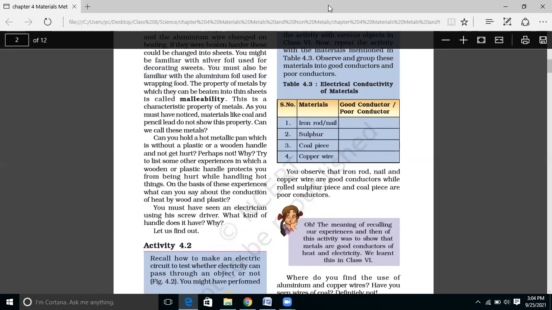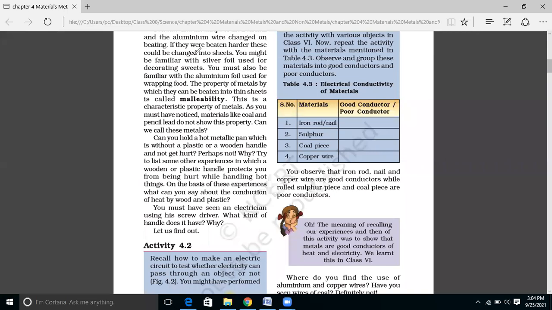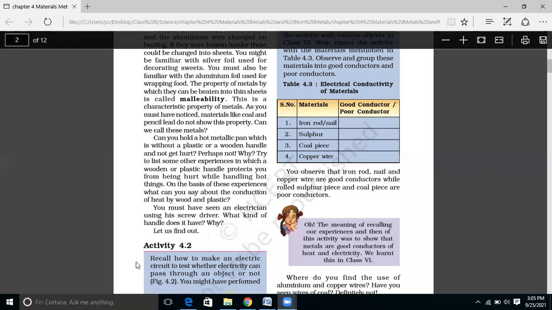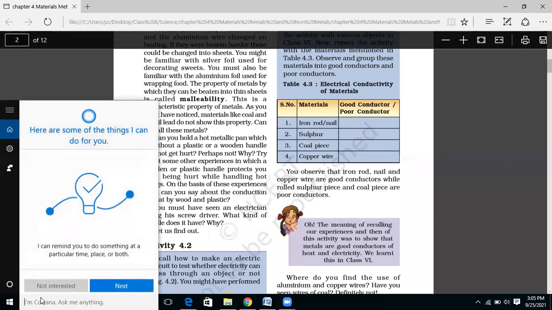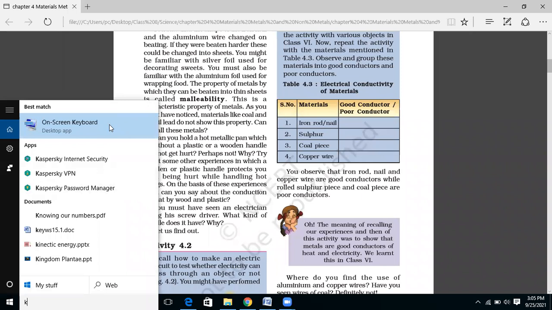Now in case I do this activity, I know that the iron nail will be a good conductor of electricity.